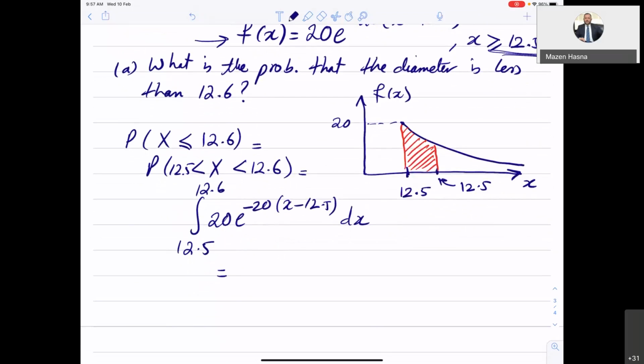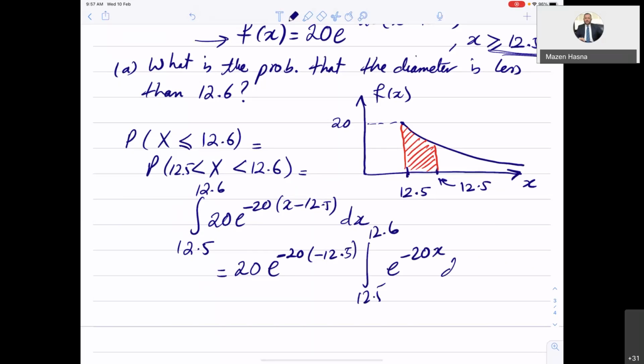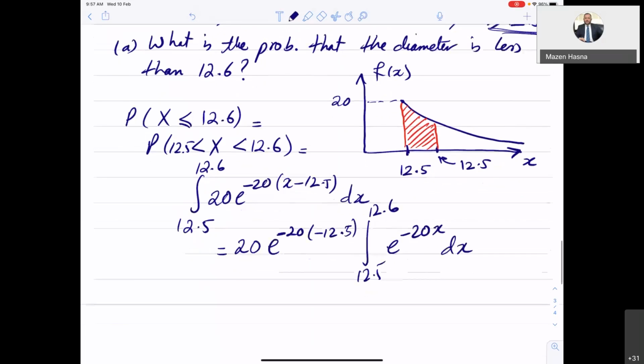You can take the 20 outside, and also e to the minus 20 times minus 12.5, and integrate from 12.5 to 12.6 e to the minus 20x dx, and then you solve it.